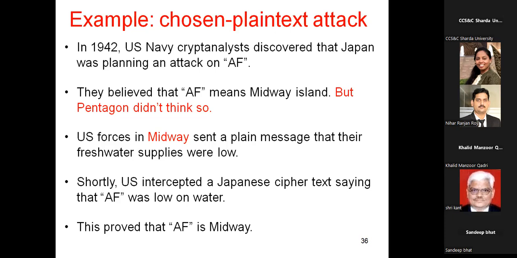Shortly, the US intercepted a Japanese ciphertext saying that AF was low on water. It means they confirmed that AF stands for Midway Island. And before Japan could attack, the US attacked them and completely destroyed them. So this is the power of cryptanalysis.